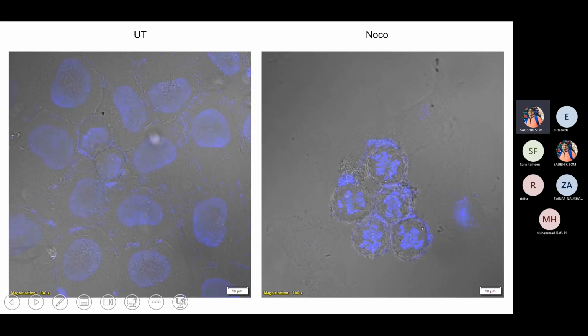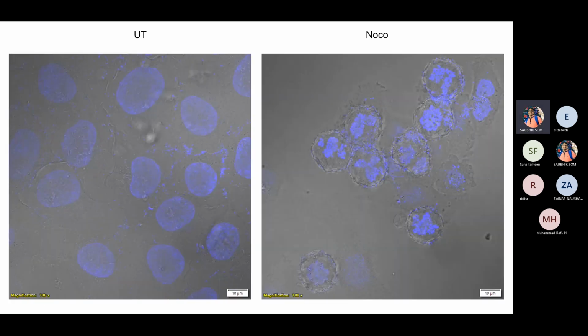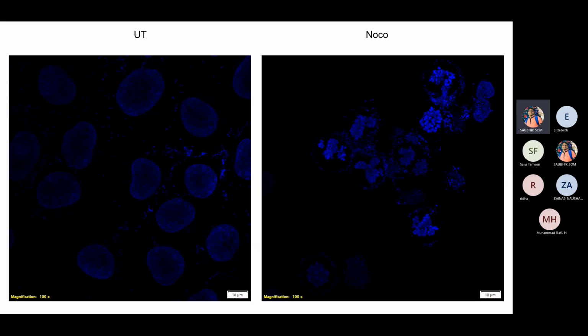If you see any of the images, these are HeLa cells, but see here again, very compactly packed DNA. Correct.